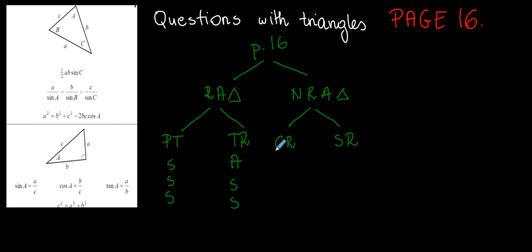What does the cosine rule have? It has capital A, and as we look at the picture here, capital A stands for an angle. So we have an angle included. Then we have A, B, C, and again BC. The small letters are the sides, so we have three sides of a triangle.